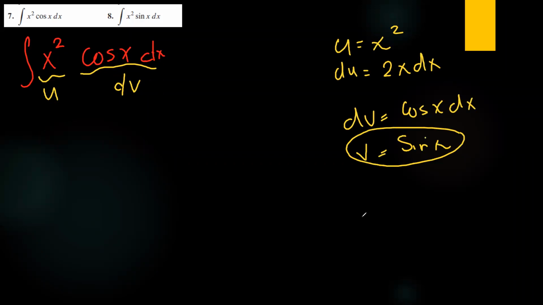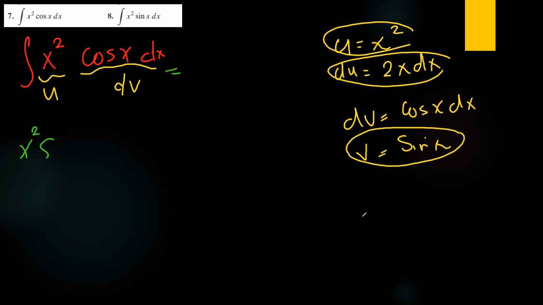So I have now u, du, and v. And then the integration will be u times v, which is x squared sine x, minus the integration of v times du.